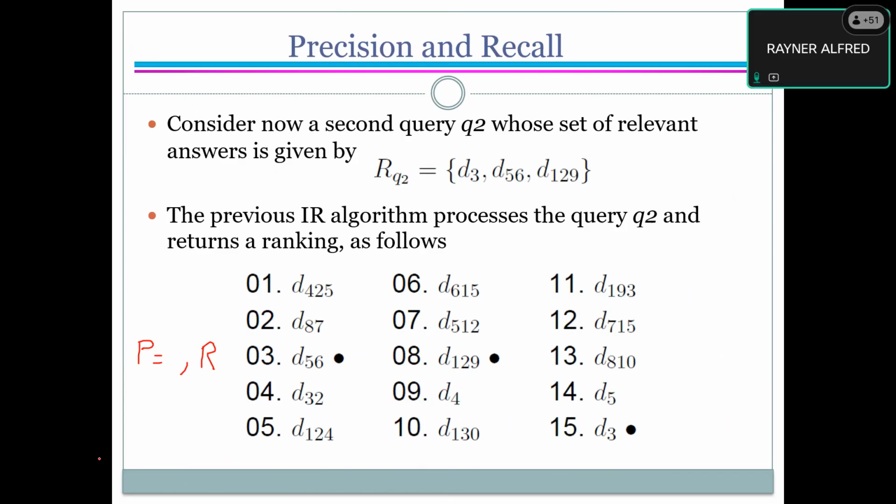What is the precision and recall at D56? Okay, so 1/3 and 1/3.